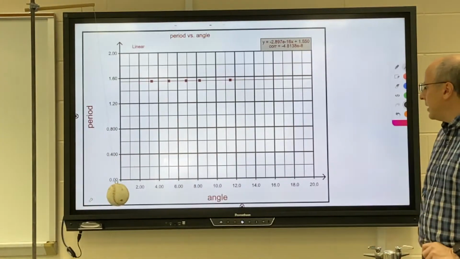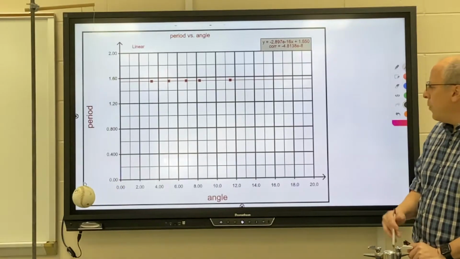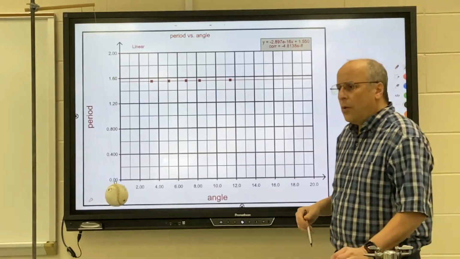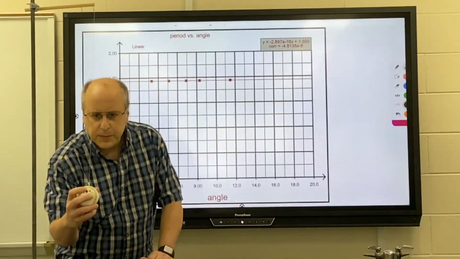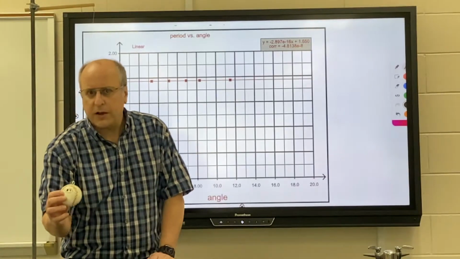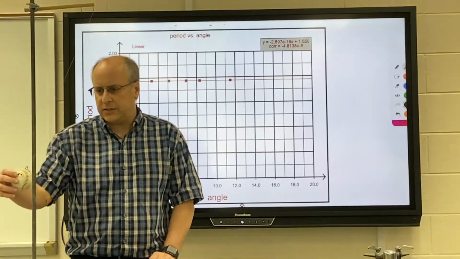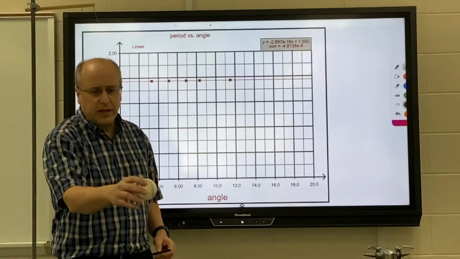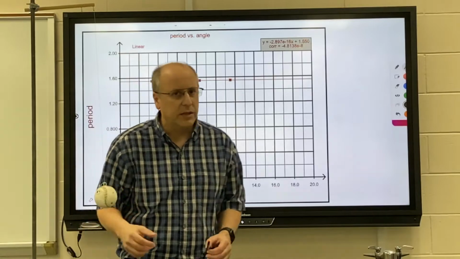All right, so let's take a look. Angle. When we do angle and period, we find no relationship. Why is that? That's because if we do a small angle, it's going to move slow but cover a really small distance. When I do a larger angle, it's going to move faster and cover a larger distance.